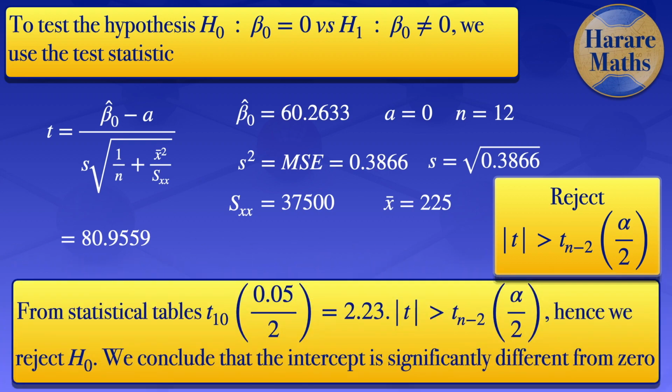For the T with degrees of freedom 10, the level of significance 0.05 divided by 2, it gives us 2.23. So the calculated T is greater than the one from the tables. Therefore, we reject H naught. We are rejecting that beta naught is equal to 0. What we are concluding there is that the intercept is significantly different from 0.